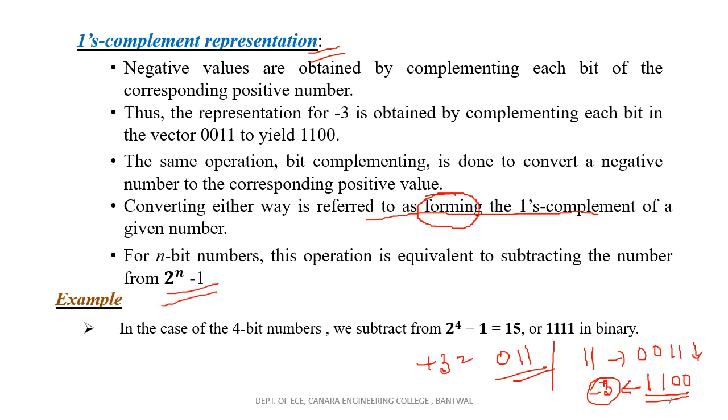That is, if I have minus 3 and I subtract this 3 from 2 power n minus 1, that is 15, that is 1111, you will get the corresponding positive number. This is what forming the ones complement means.